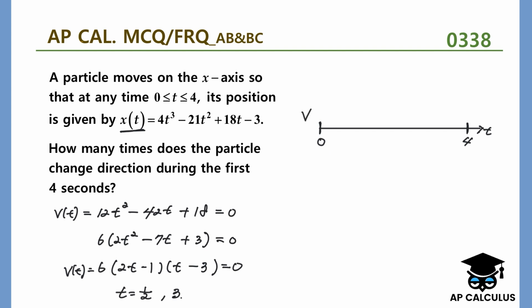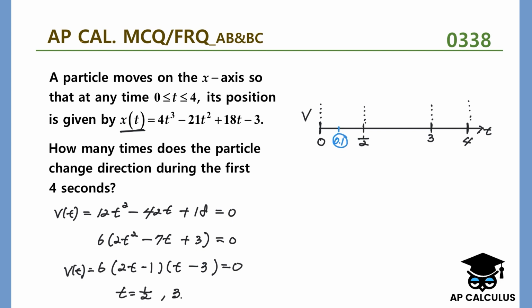Velocity is equal to 0 when time t is equal to 1/2 and when it is 3. So we're going to test these 3 intervals, right? We're going to substitute any number between 0 and 1/2. Let's say we substitute 0.1.